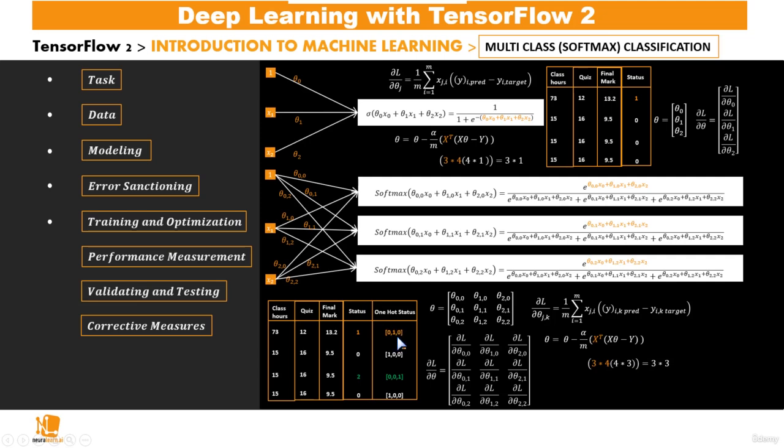So here as Y, we have 1, 2, 3, 4, and then we have 3 columns. So we have this 4 by 3 matrix which we put here. Now 3 times 4 times 4 times 3 gives us a 3 by 3 matrix, which gives us exactly what we have here. So to update theta, it suffices for us to compute X transpose times (X theta minus Y), as we did with the binary classification problem.